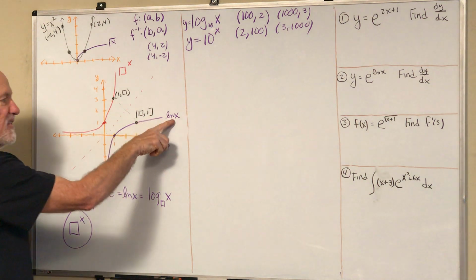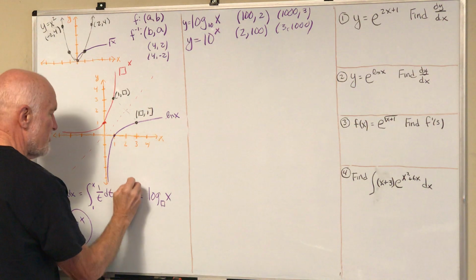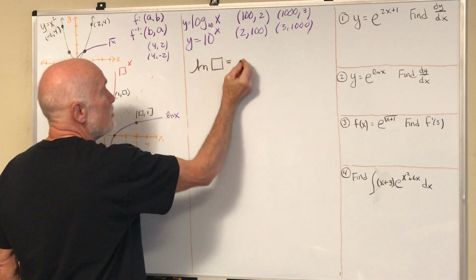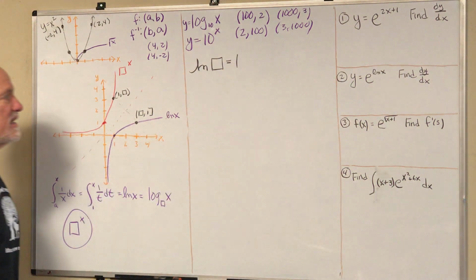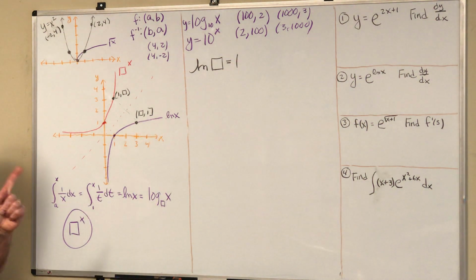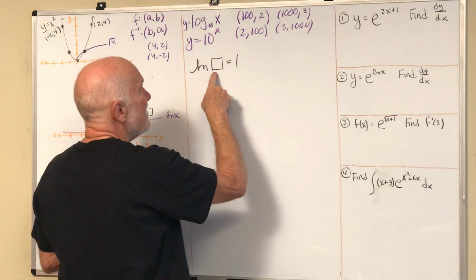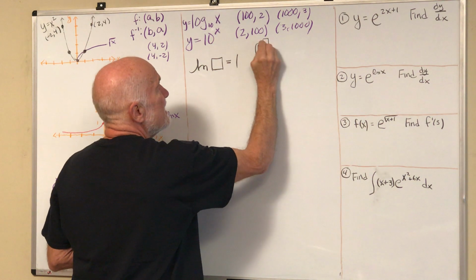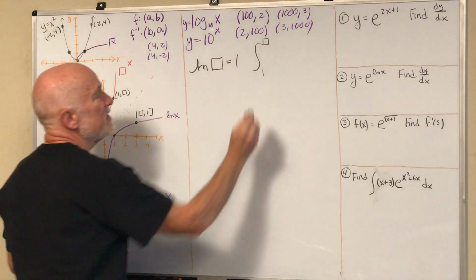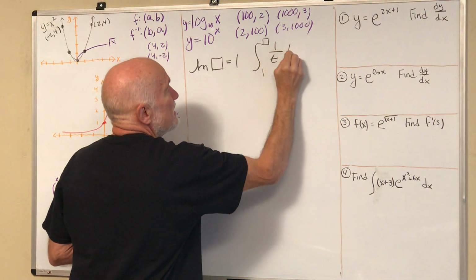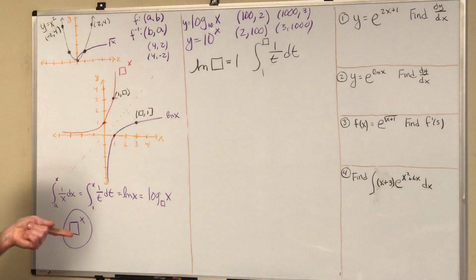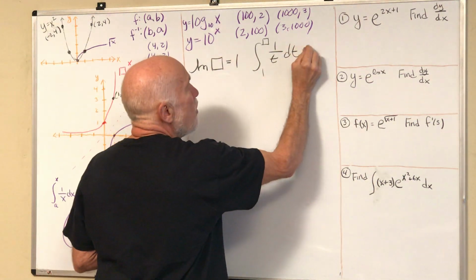And because it's on the natural log function, that means the natural log of this box must equal 1. Well, maybe we can figure out what the box is, because the natural log of x is the integral from 1 to x, so the natural log of box would be the integral from 1 to box of 1 over t dt. And we know that that has to equal 1.